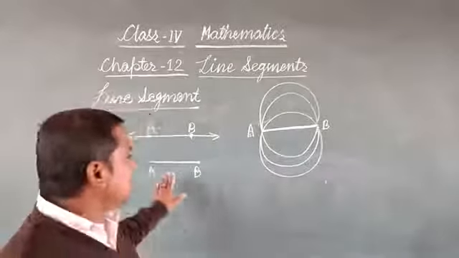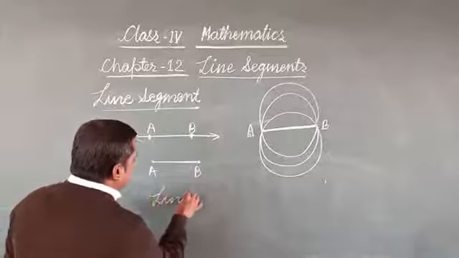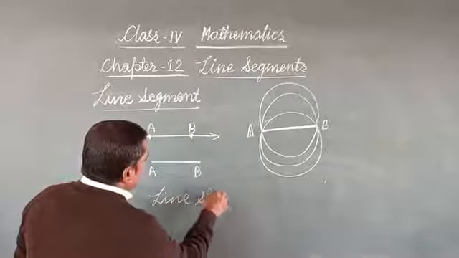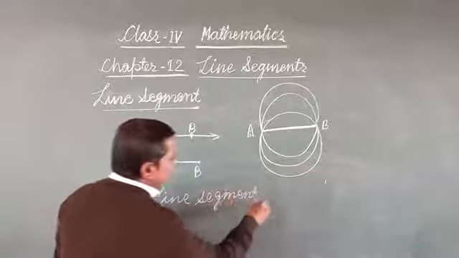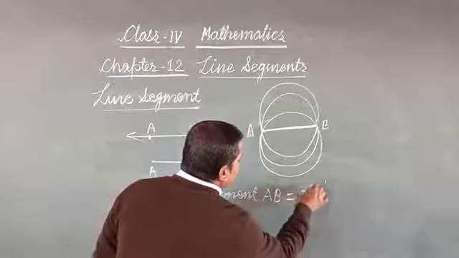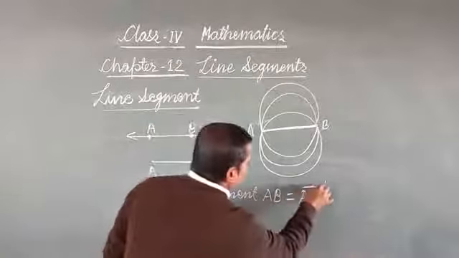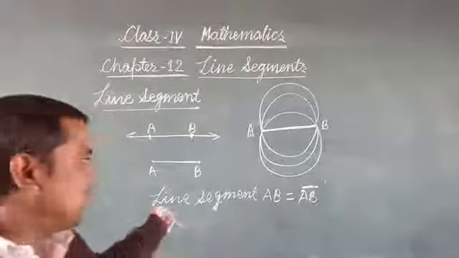That is the line segment. And how to represent? So we write line segment AB, or in short we write this one and we draw a line segment above both the letters. So this is the representation of line segment.